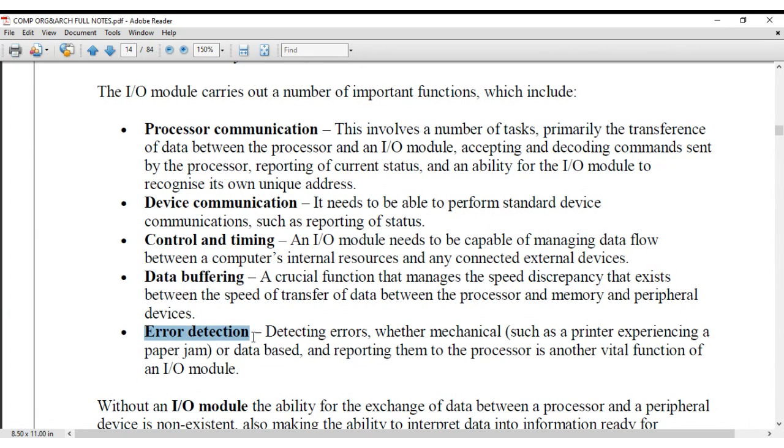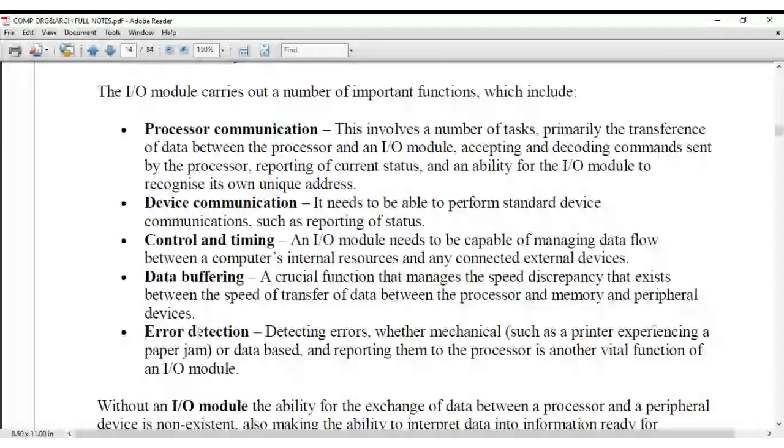It is the I/O modules that detect errors. For instance, if you plug in a flash disk that is faulty, it is the I/O module of the USB port, the interface, that will detect that particular error and communicate it.